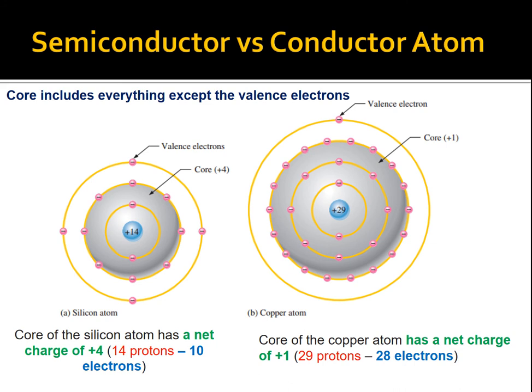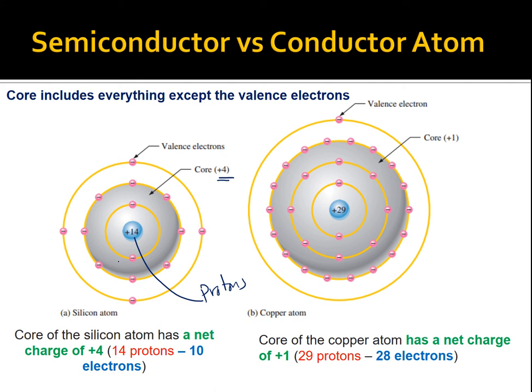So this is a slide showing the difference between the atomic structure of the semiconductor and conductor atoms. This is a silicon atom. In silicon atoms we can see that the core has a net charge of +4. Why does it have a net charge of +4? Because silicon atoms have 14 protons, and if you count the number of electrons in the core, after removing the valence electrons, everything else is referred to as the core.